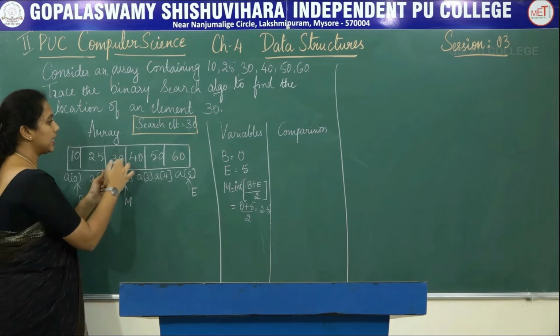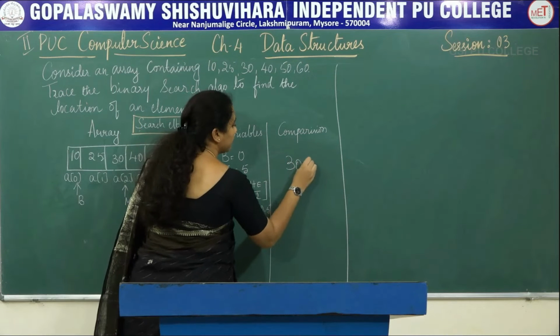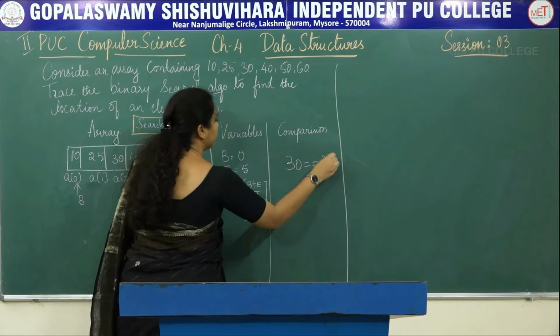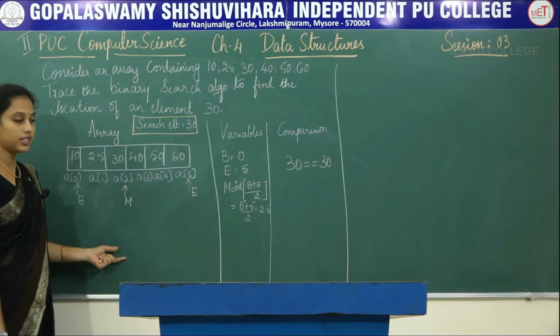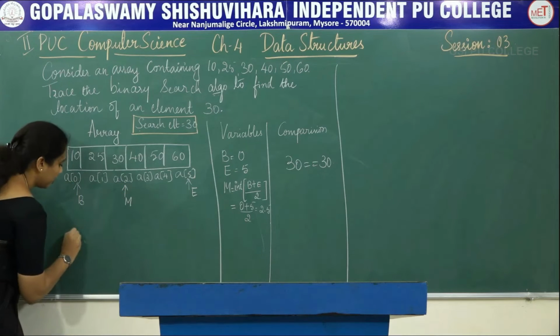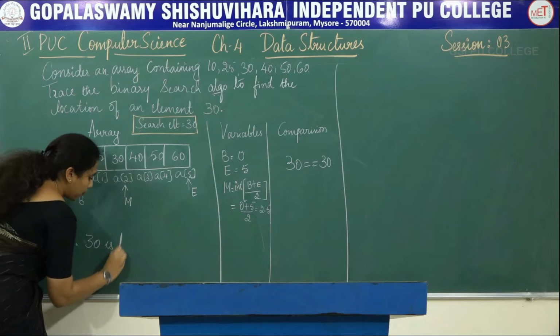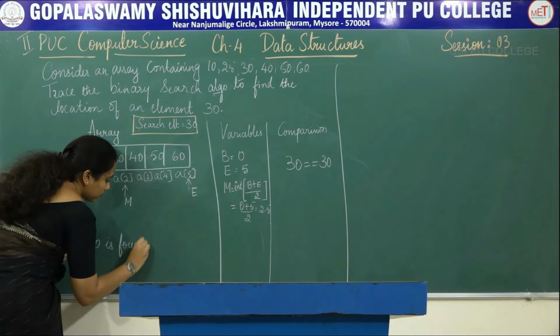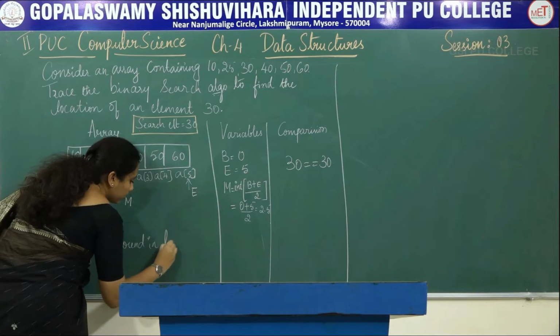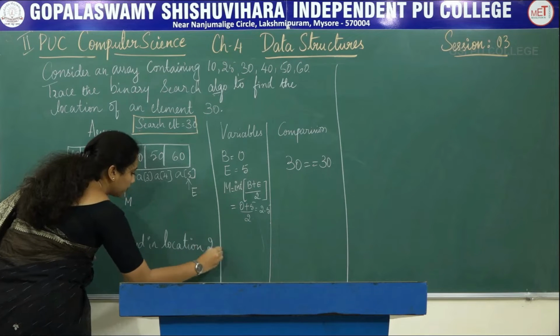So 30 is equal to 30, hence 30 is found in which location? Location 2. Hence 30 is found in location 2.